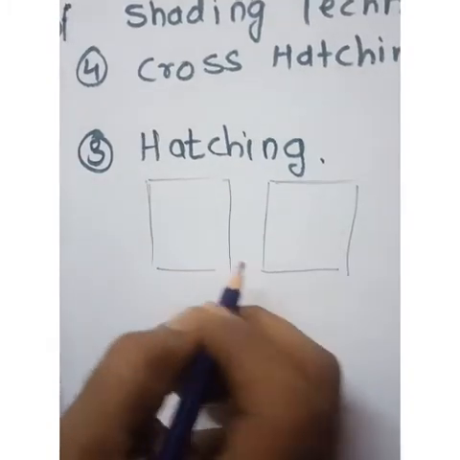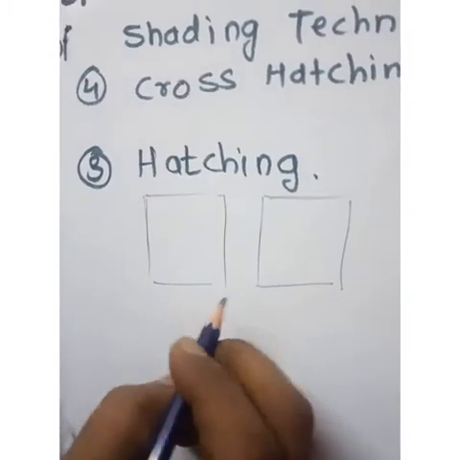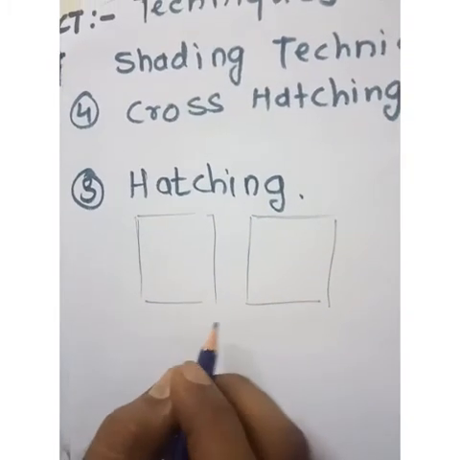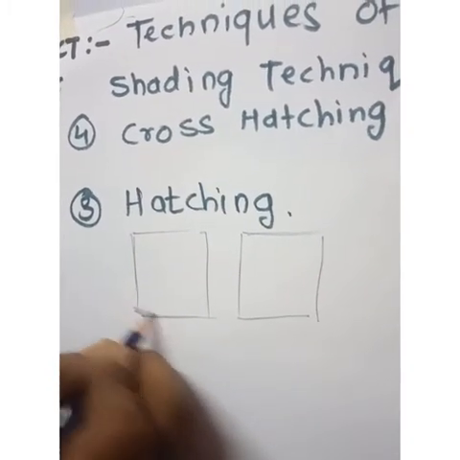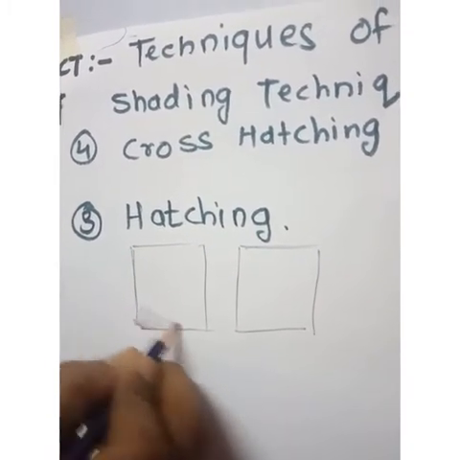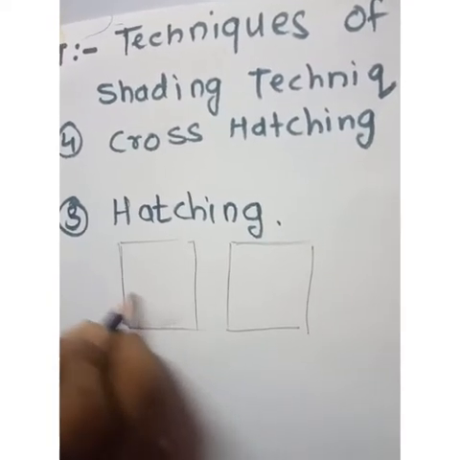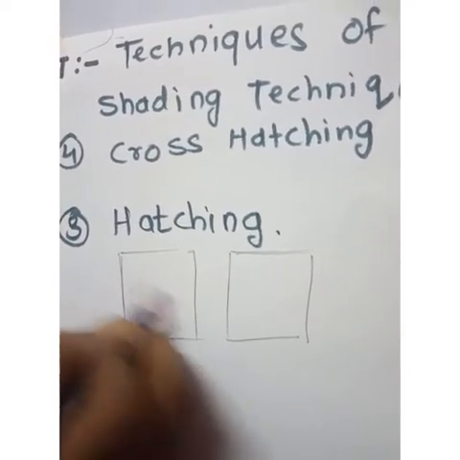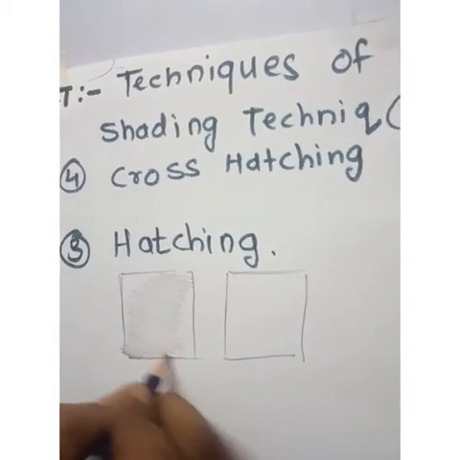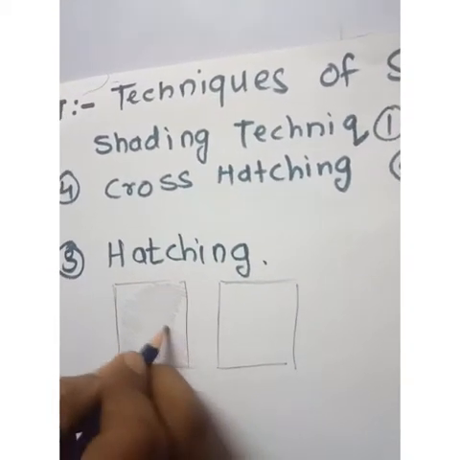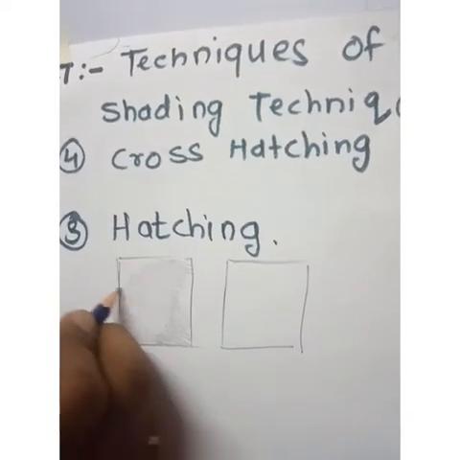And here we are going to use the technique as in one direction. Either you can use slanting or horizontal or vertical, how you want, that is left to you. There are two types of hatching. One is cross hatching and this one is simple one.